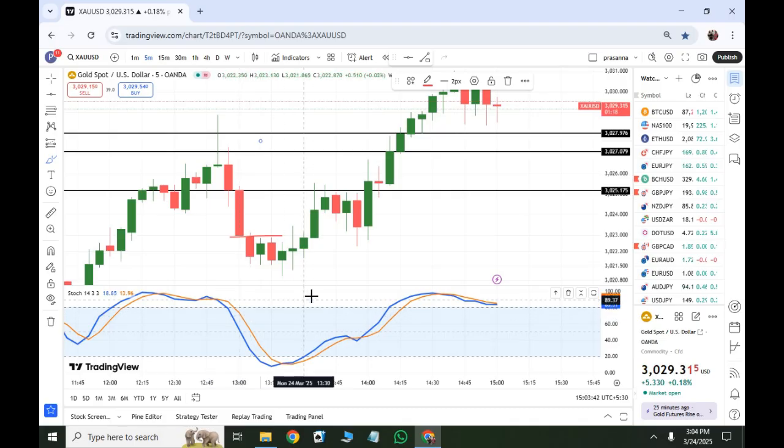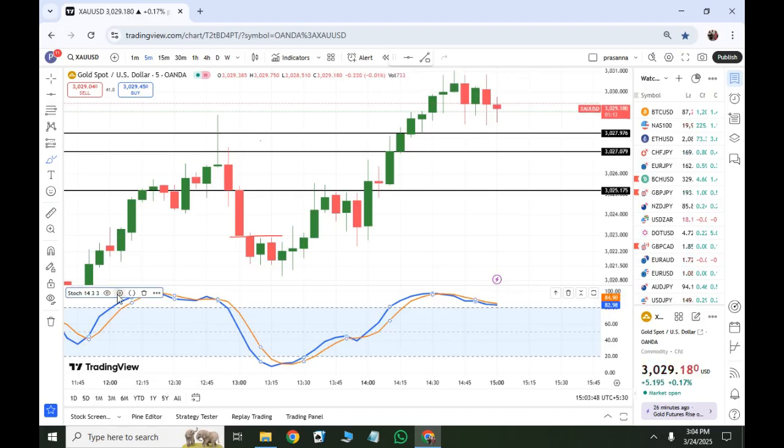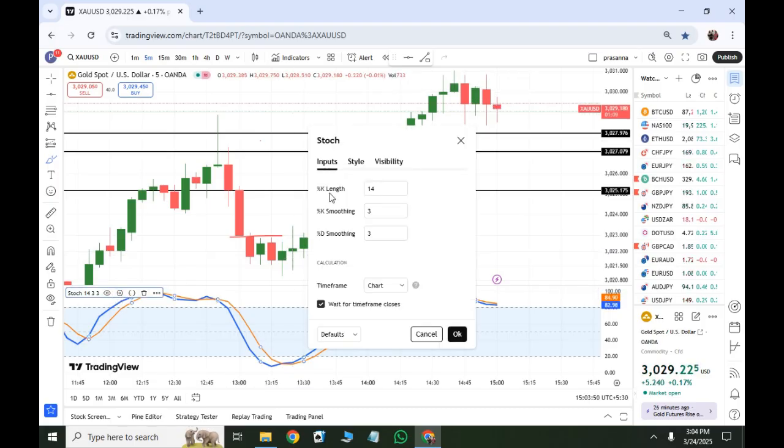I explained this indicator also. It has three properties. One is the K length. Initially it is set to 14, which is better, and we can change it by taking this length period as an input.